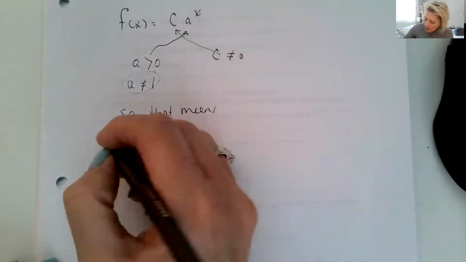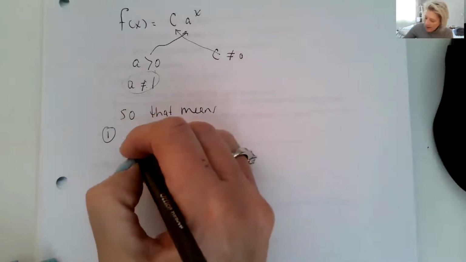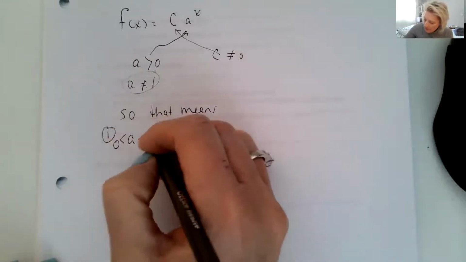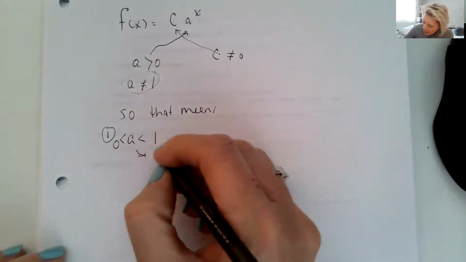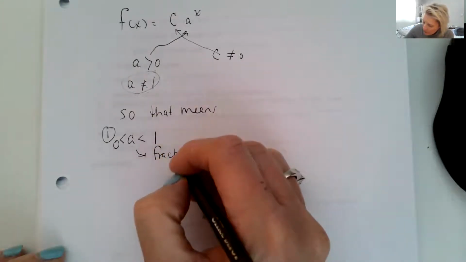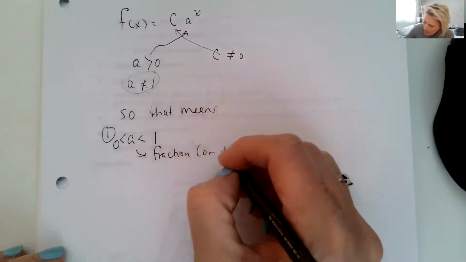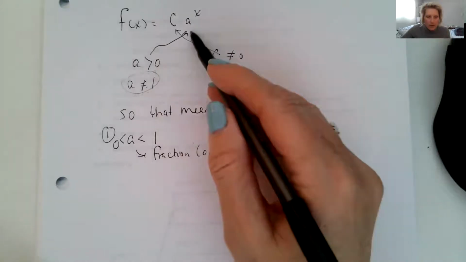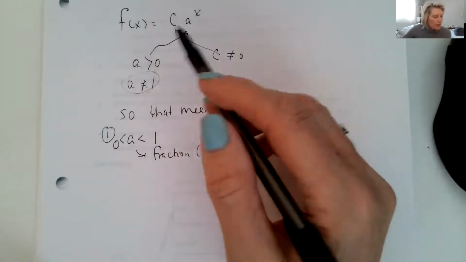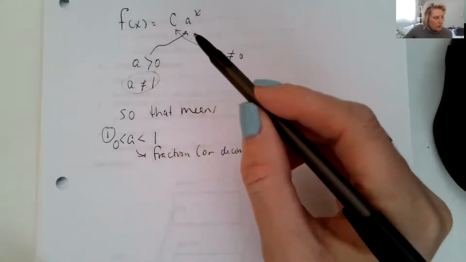So that means we have two situations. One is when a is bigger than 0 but less than 1. We're usually going to see this as a fraction or a decimal. This is the base of our exponent when that is a fraction or decimal piece.